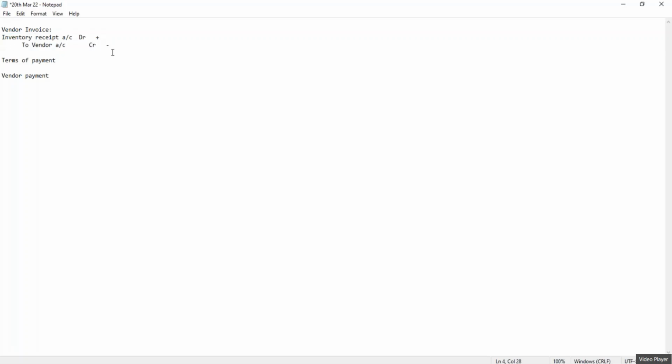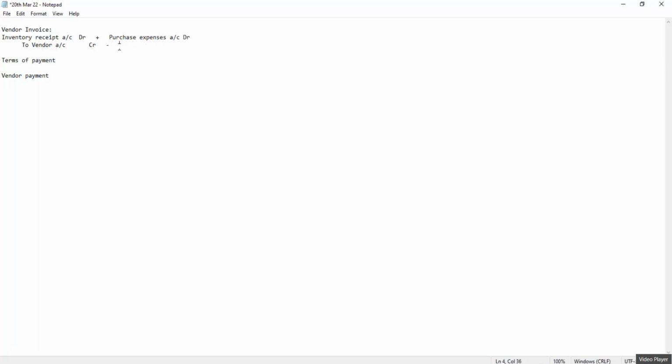Otherwise, if it is not material, if it is expense items, suppose I am purchasing A4 stationery, tissue papers, water bottles, then instead of inventory, it is purchase expenses.